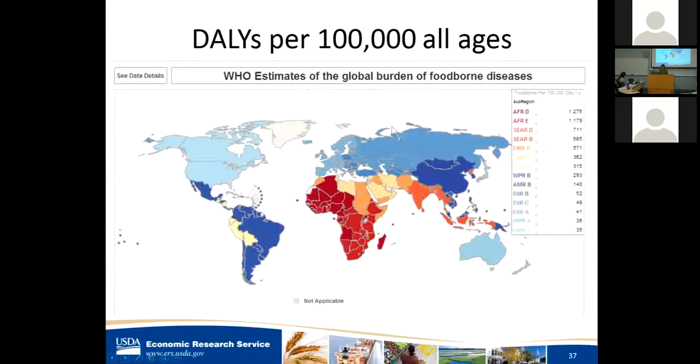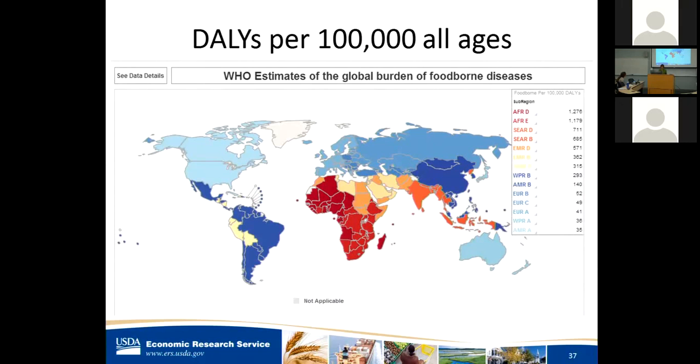There we go. All right, so let's look at the region. This is some figures for regional distribution, and this is the DALYs per 100,000. What this is showing is that Africa and Southeast Asia have considerably more burden per 100,000 than even say Latin America. The patterns very much follow patterns of economic development.